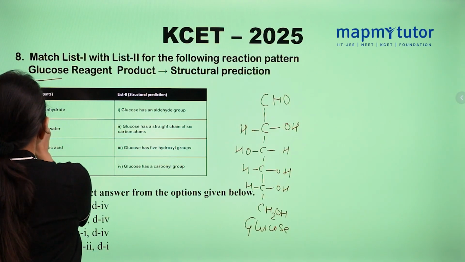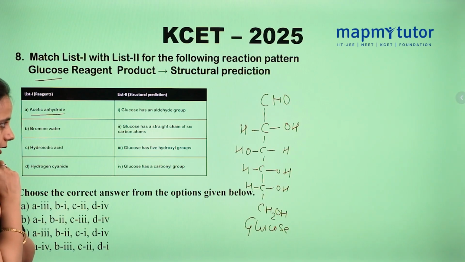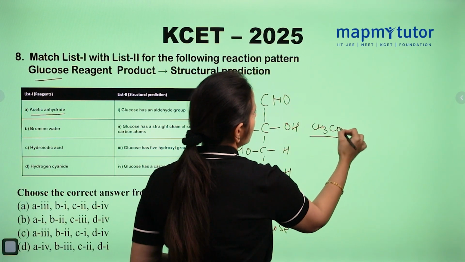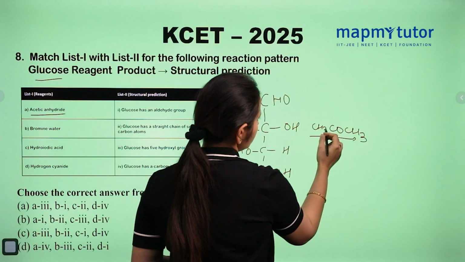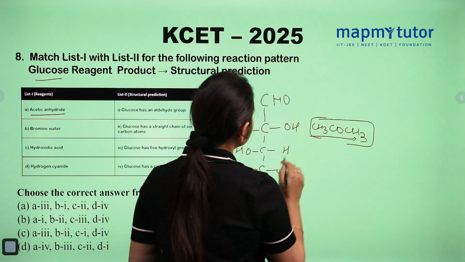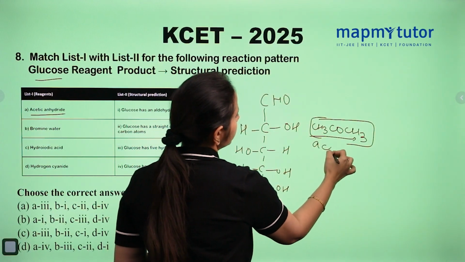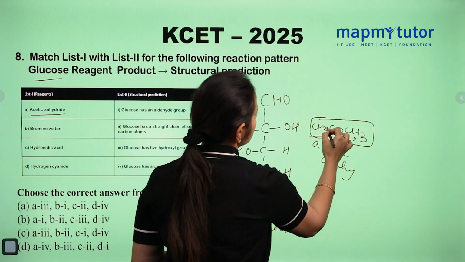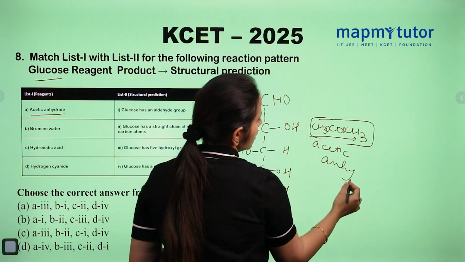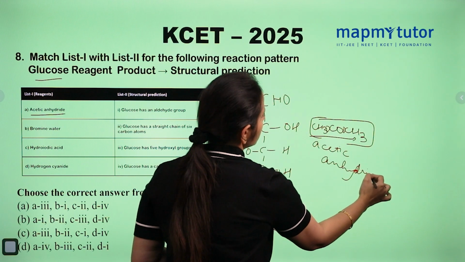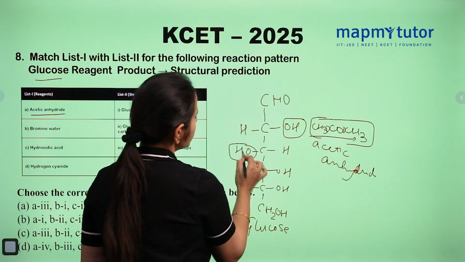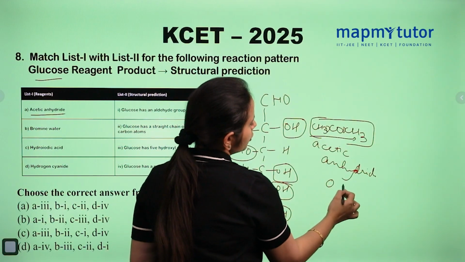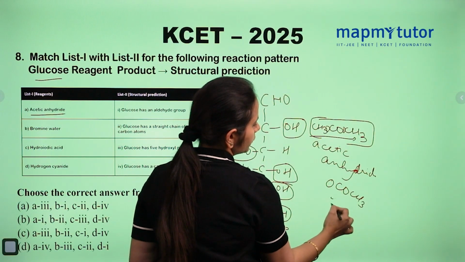First is acetic anhydride, which is (CH3CO)2O. This acetic anhydride will react with the 5 OH groups and convert them into OCOCH3 ester groups.